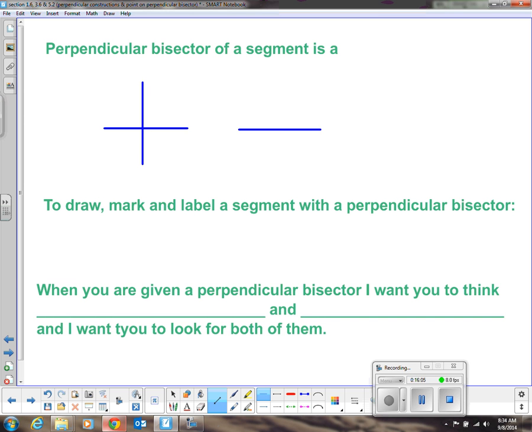If they intersect like this, they're going to form 2 right angles. It's never just one angle. There will always be a minimum of 2. It's several sections together.